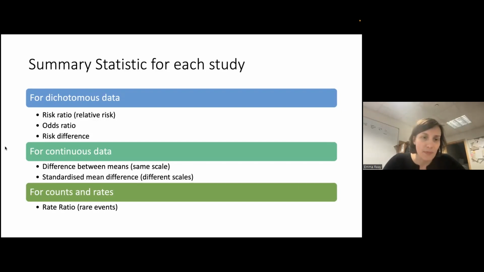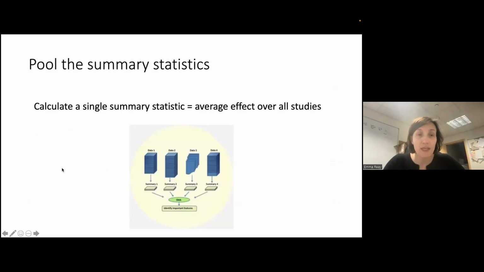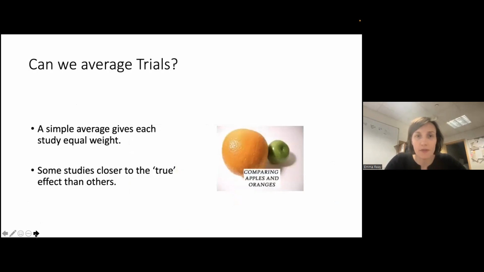But it's very important to make sure that you know exactly what kind of data you have. Then you pool the summary statistics together and average the effect over all of the studies. This allows you to compare studies to try and answer a single question, essentially.